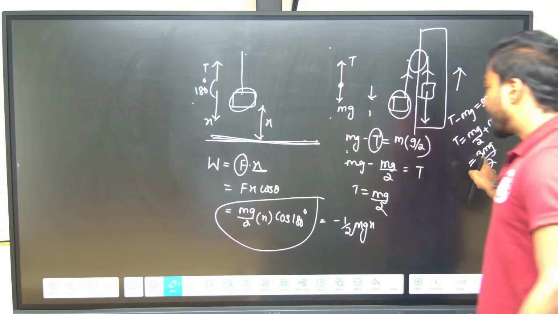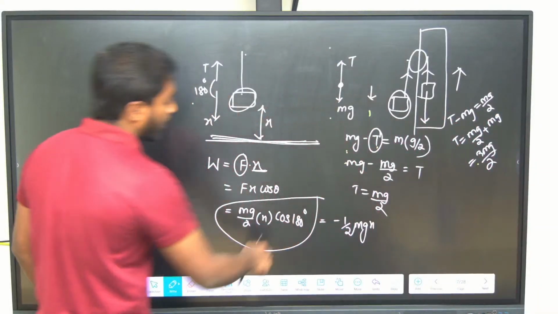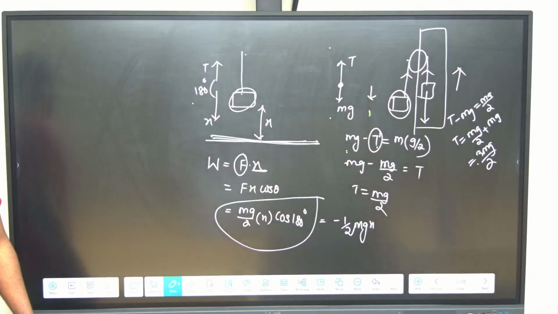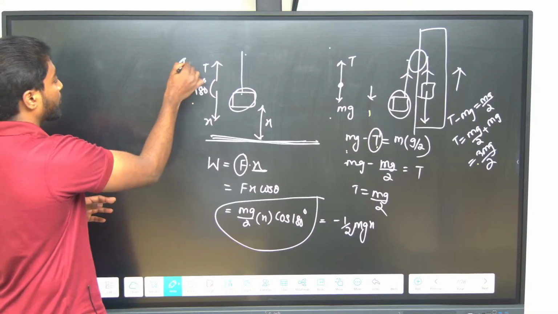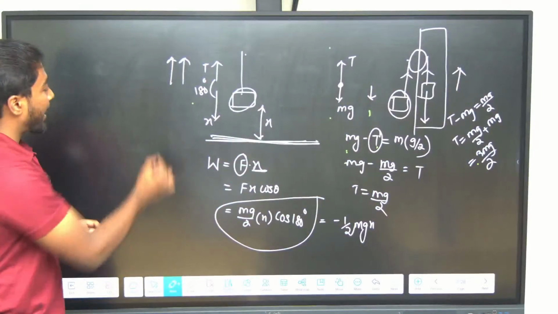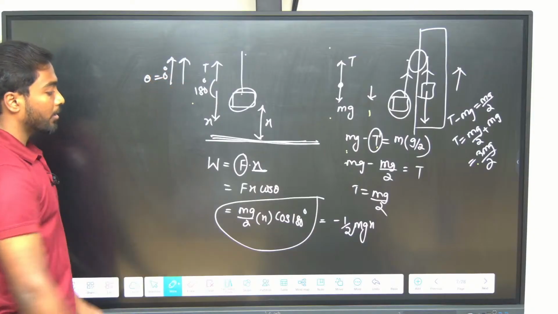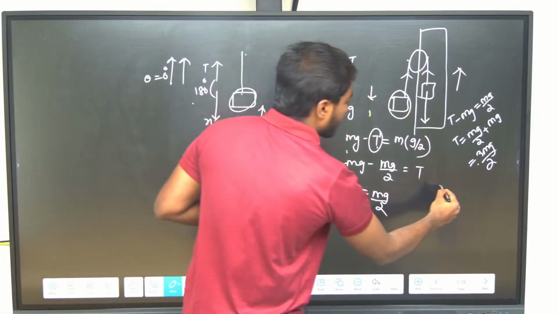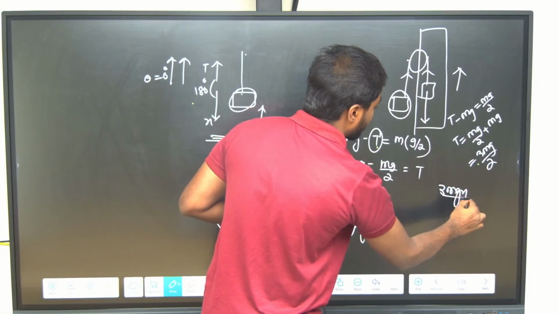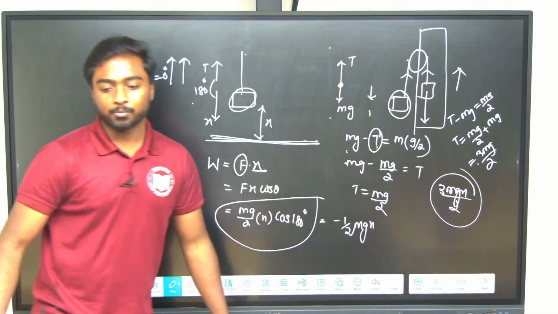So 3 mg by 2 into x into cos 0. Both are in the same direction, so the angle will be 0 degrees. So the answer will be 3 mg x by 2.